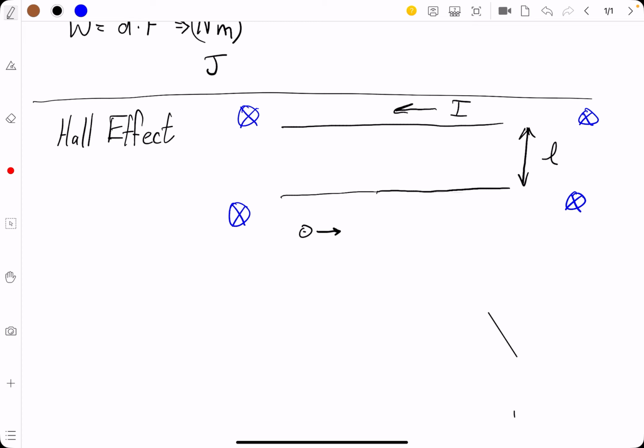So the holes end up taking it and making it positive here. My picture in my notes is wrong. And this is the negative side because the force flips because of the charge. Positive charge, negative charge.